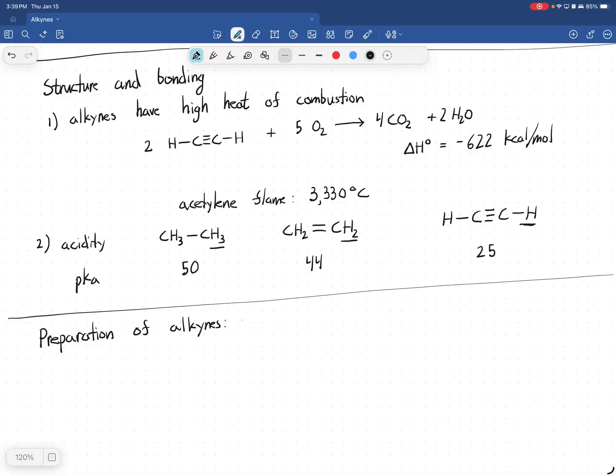Well, we eliminate them to form them. So we form them by elimination of HX from vicinal dihalides. Okay, so I'll explain what that means.